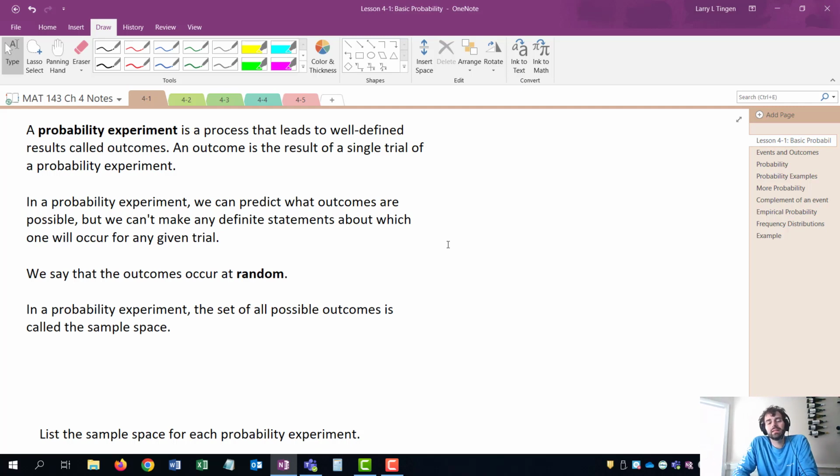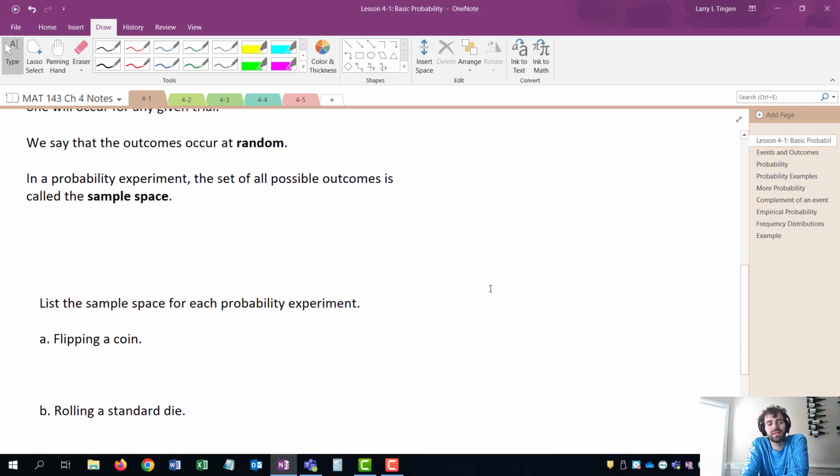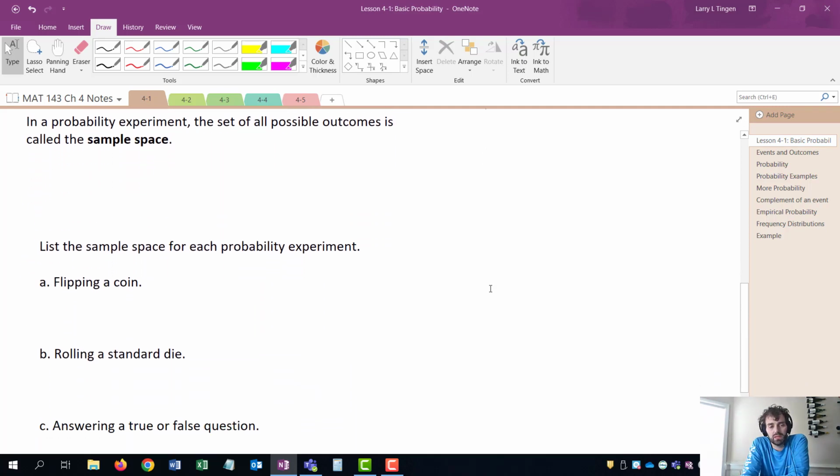All right. And then lastly, this isn't bolded. It's our last vocabulary word here. For a probability experiment, the set of all possible outcomes is called the sample space. So a sample space is a set that contains all the possible outcomes. First off, I'm flipping a coin. The results for that are heads and tails, right?